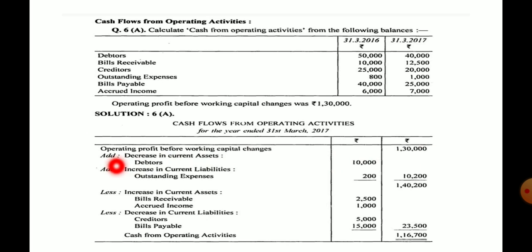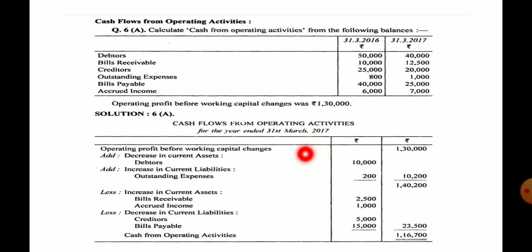Add decrease in current asset. Remember this, if there is a decrease in current asset, it will be added. But if there is an increase in current liability, it will be added. So decrease in current asset: debtors 10,000. Check here, debtors in the previous year is 50,000, now it becomes 40,000, so it will be added, right?